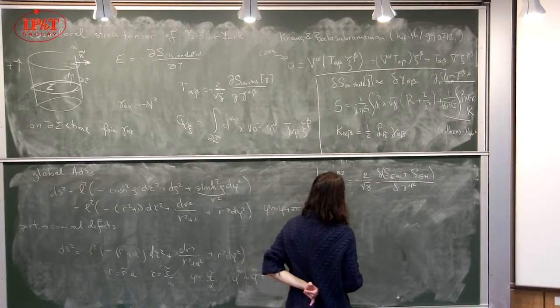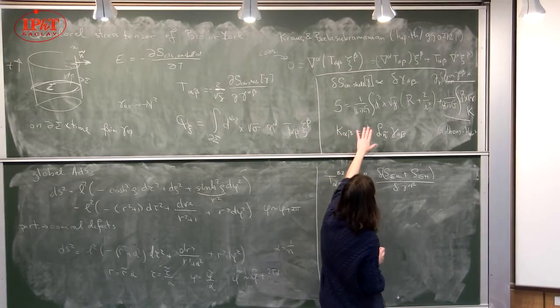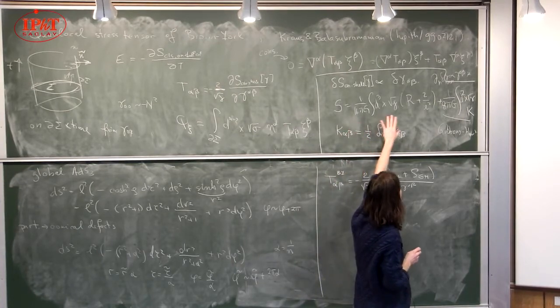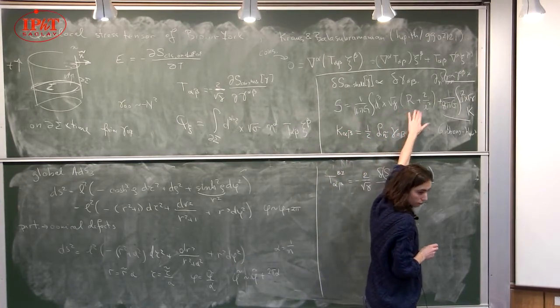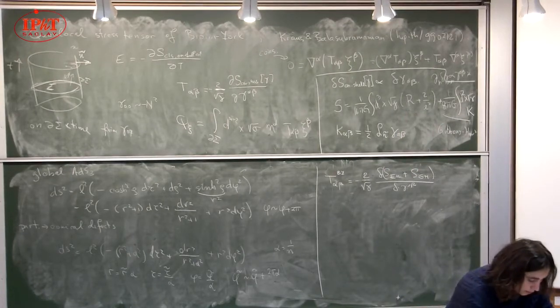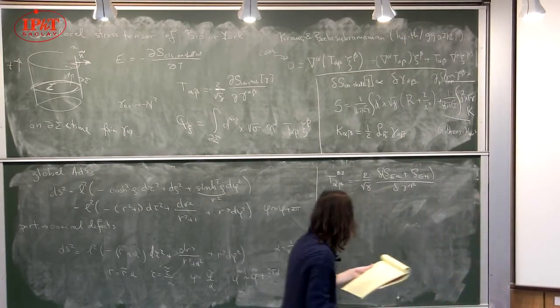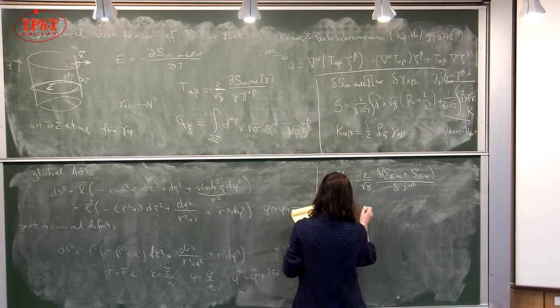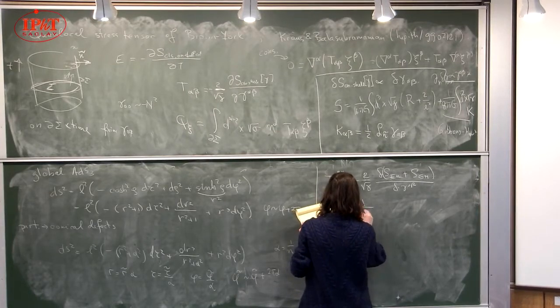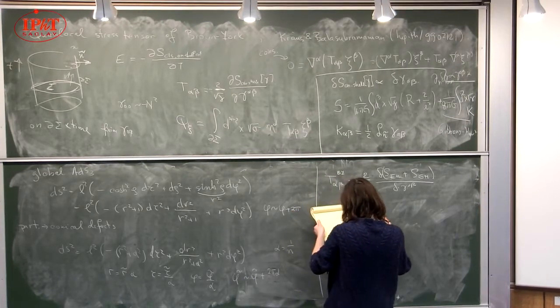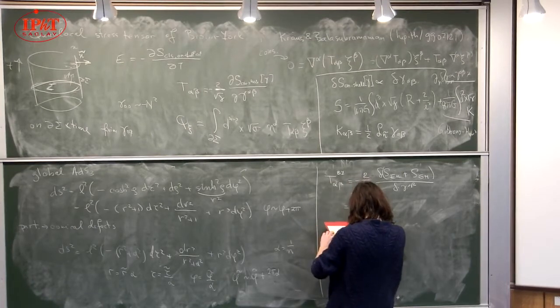It's a long computation to figure out what the variation of R was, but the end result is something like 1 over 8 pi G. Where did I write it?